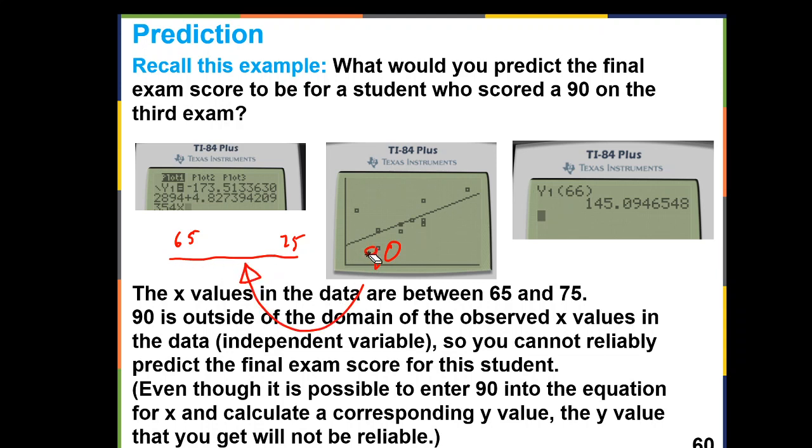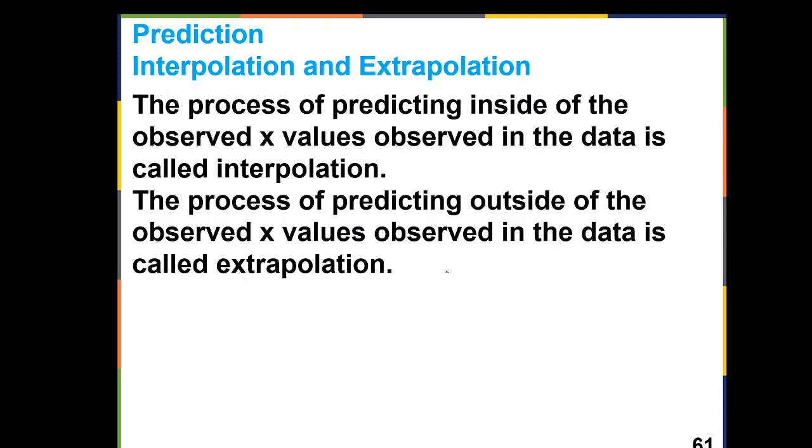If we do that, that's called extrapolation. If you predict for a number within the data points that we have in this range, that's called interpolation. Interpolation is okay, but extrapolation is risky. For example, if you find a value using the model for somebody who made a 90 on the third exam, look what happens.